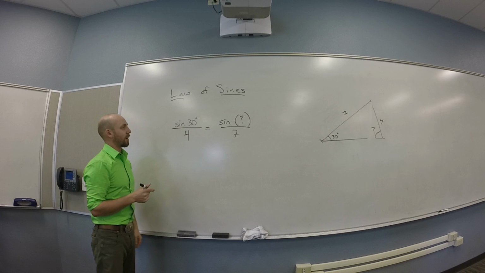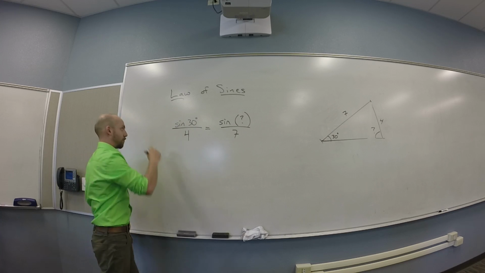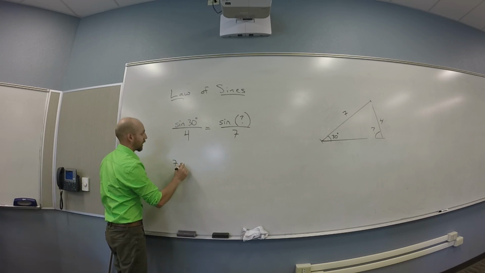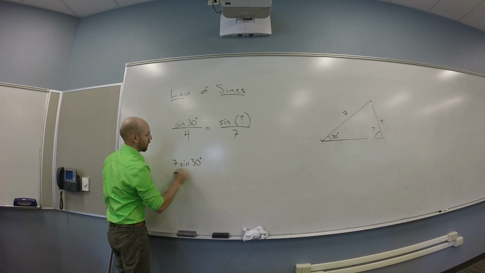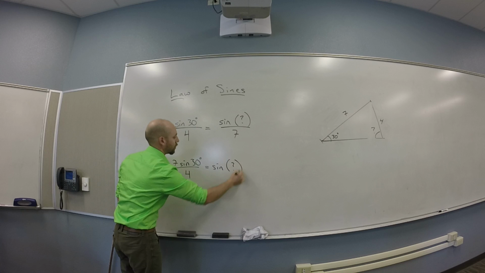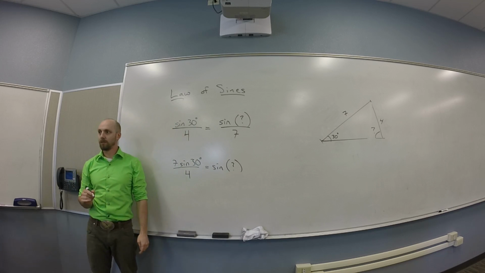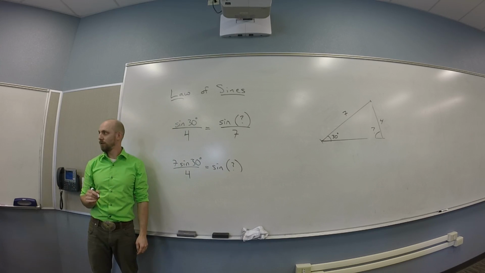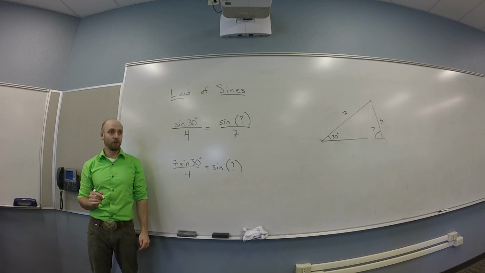So let's find that angle. How am I going to do that? I'm going to multiply by 7, so I get 7 sine of 30 degrees over 4 equals sine of question mark. Then we have to inverse sine this.